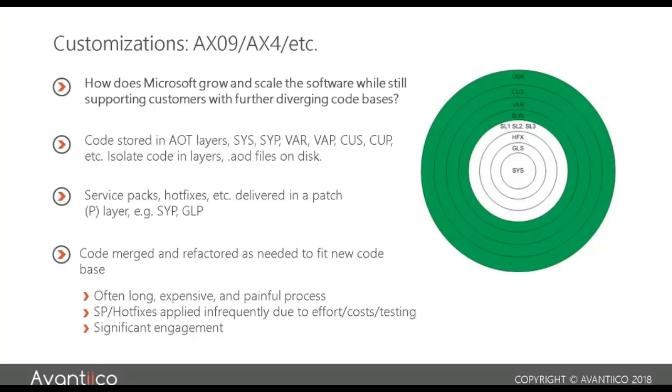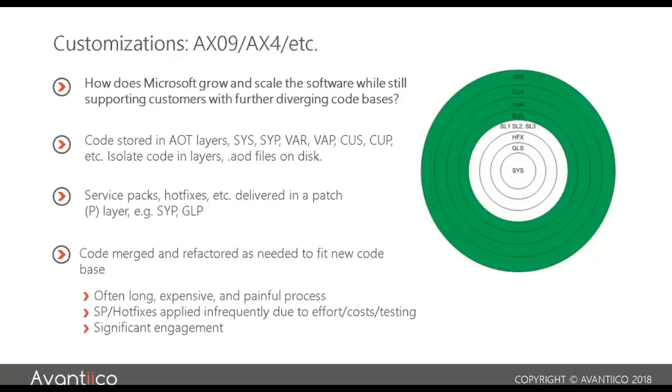These layers in 2009 and 4.0 were AOD files, application object data files, stored on disk. The problem is, if Microsoft were to add an update or a service pack, and you've already overlaid that code in the cus or the var layer, you won't see Microsoft's update because you're running an overlaid version on top of that.